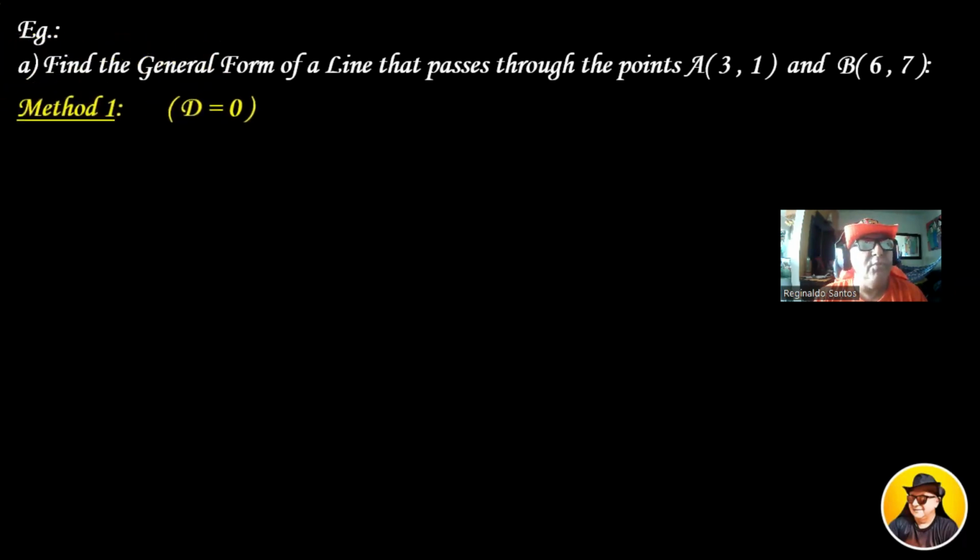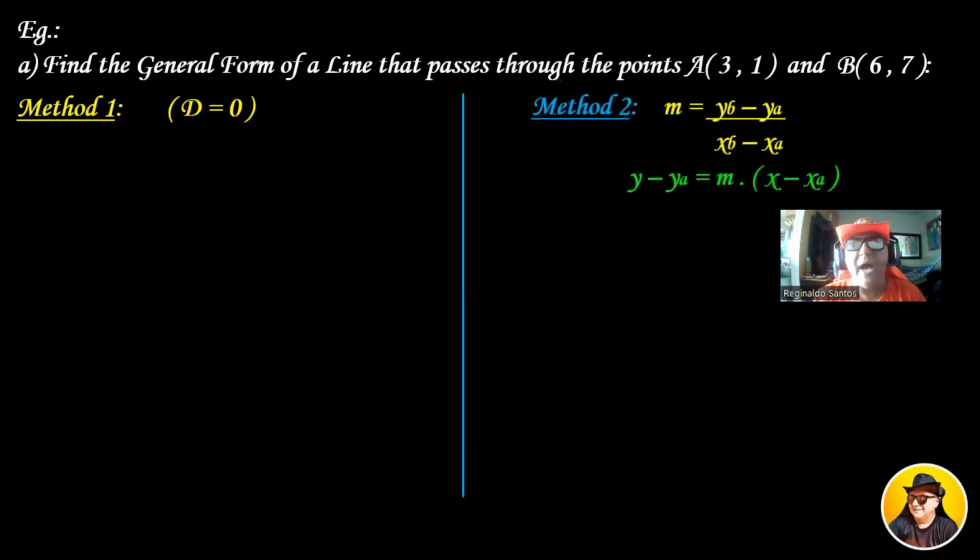As I told you before, we are going to show 2 methods. Method 1, the determinant equal to 0, and method number 2. I myself prefer method number 2, but let's see both, and you yourself decide which one you are going to apply.